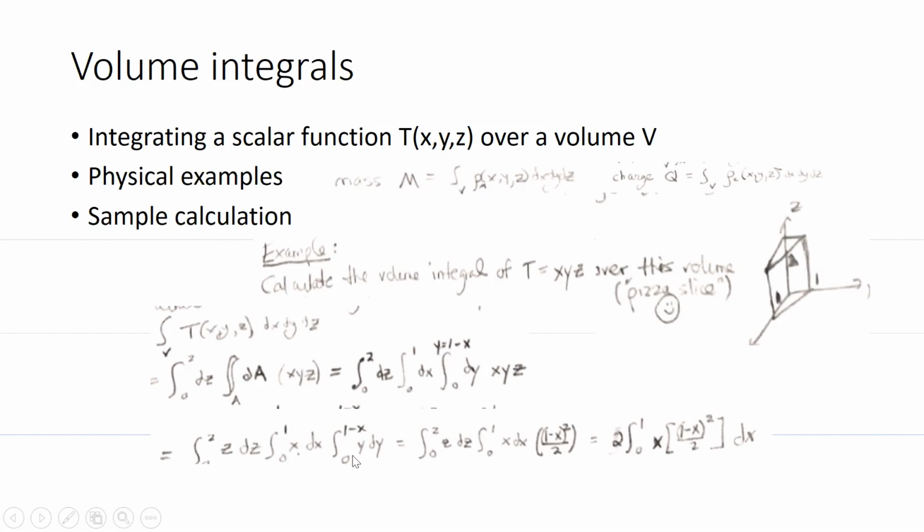The integral of y dy is y squared over 2. So we plug in that limit of integration, and we get 1 minus x squared over 2. So this represents this integral here. Now we have the integral from 0 to 1 of x dx times 1 minus x squared over 2.